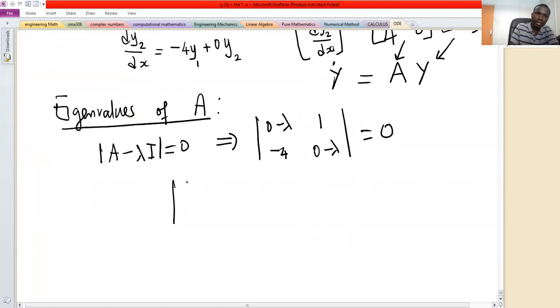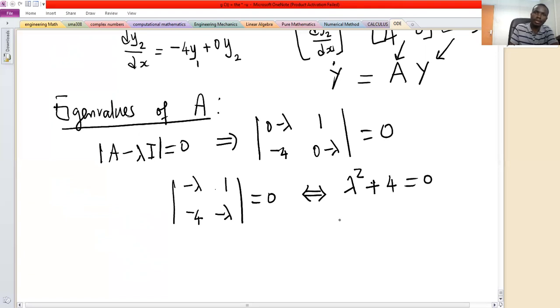So this will be determinant of minus lambda, 1, minus 4, minus lambda equals to 0. And this is the same as lambda squared minus 1 times minus 4, this is 1 times minus 4 is plus 4 equals to 0. So lambda equals to plus or minus 2i, which is the square root of minus 4.